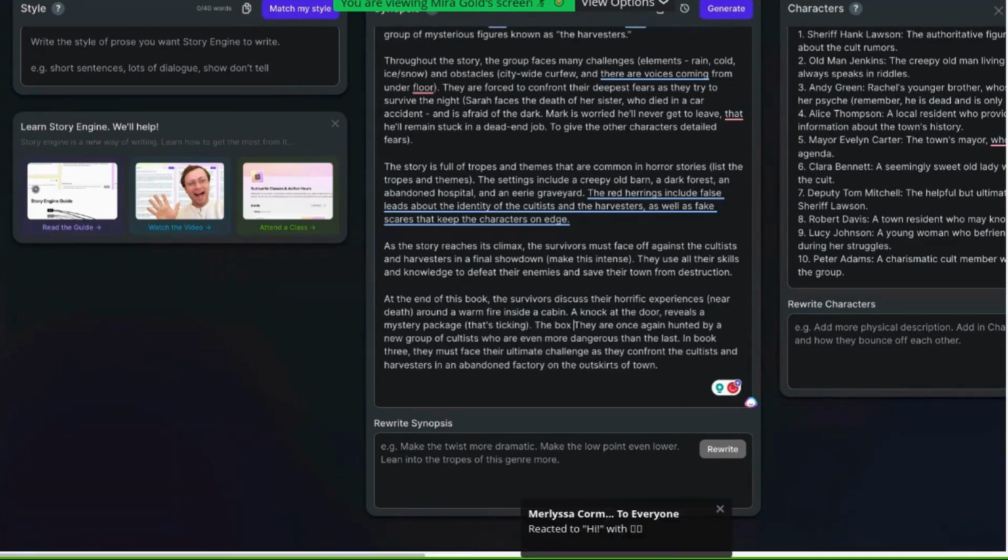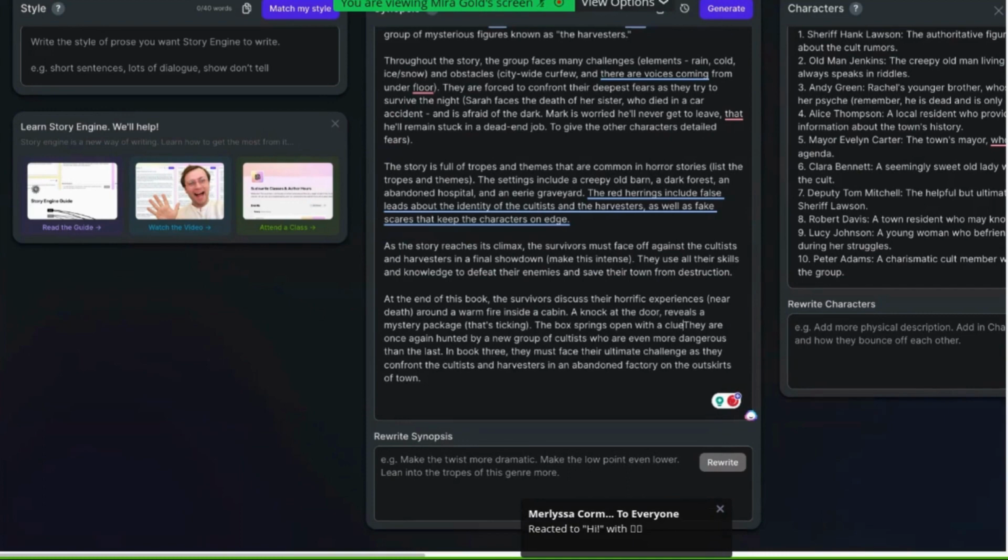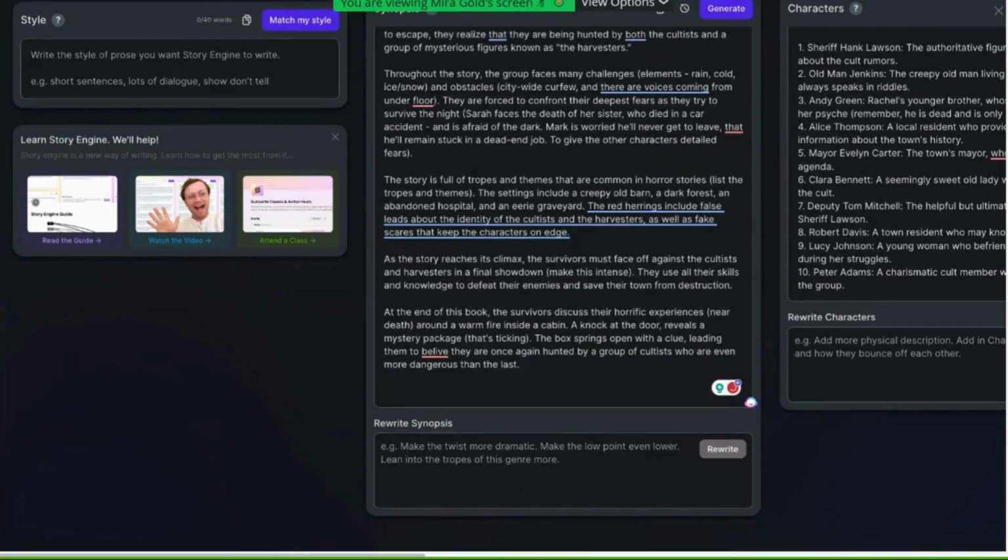The box springs open with a clue leading them to believe they are once again hunted by a group. We're not going to say a new group, we're just going to say by a group of cultists who are even more dangerous than the last. We're going to kill book 3 right here because we're not writing book 3 right now. And I'm going to state: end with a cliffhanger.